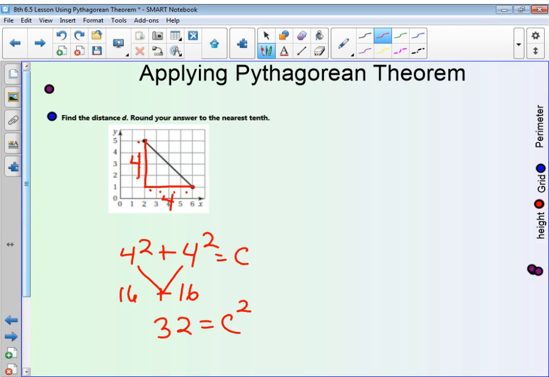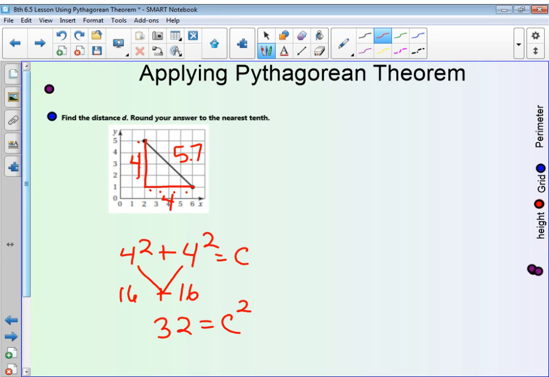Okay, so now when I go through to do that, I can take the square root of 32, which gave us 5.7. So this is about 5.7, whatever the units are. They didn't give us units, so we would just label it as units.